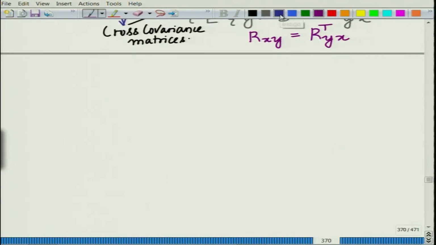Now we are going to estimate x hat as the following.